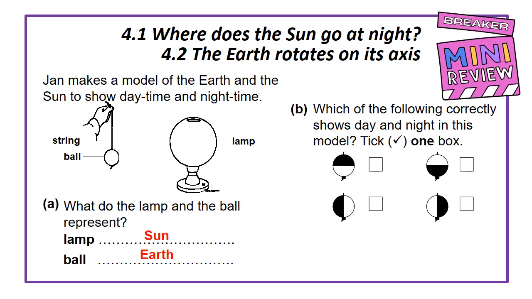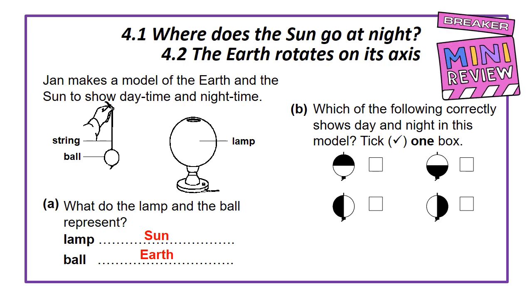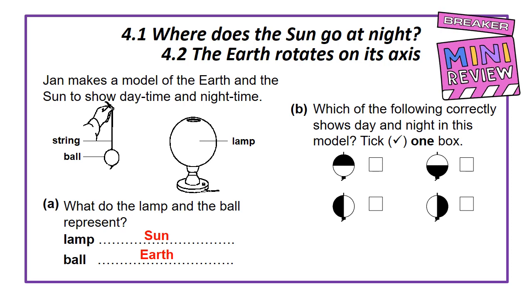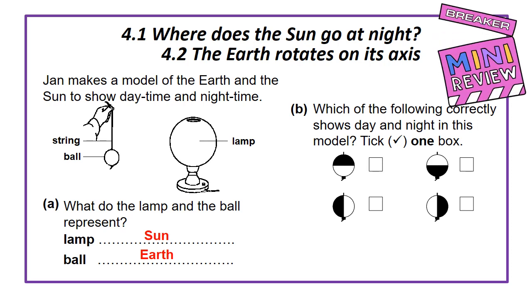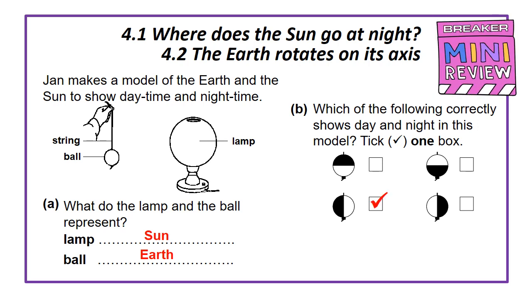Question B. Which of the following correctly shows day and night in this model? Tick one box. Now, which do you think is the answer? I have this one. Why?